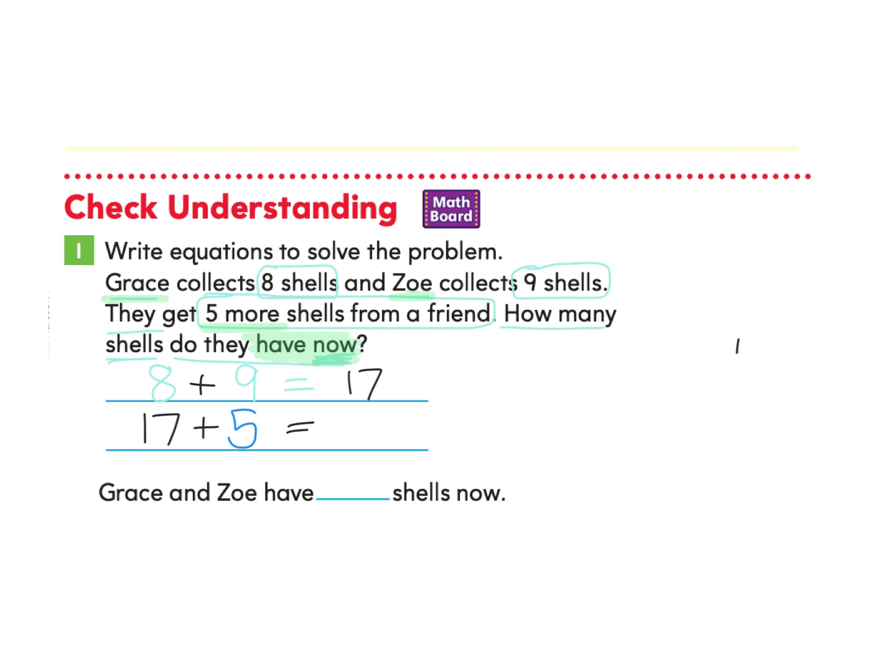I'm going to do that over here on the side, 17 plus 5, and 7 ones plus 5 ones makes 12. So I'm going to put the 2 in the ones column and the 1 in the tens column. And then we add 1 group of 10 plus 1 group of 10, and we get the number 2. So 17 plus 5 makes 22, and now we have solved this problem.